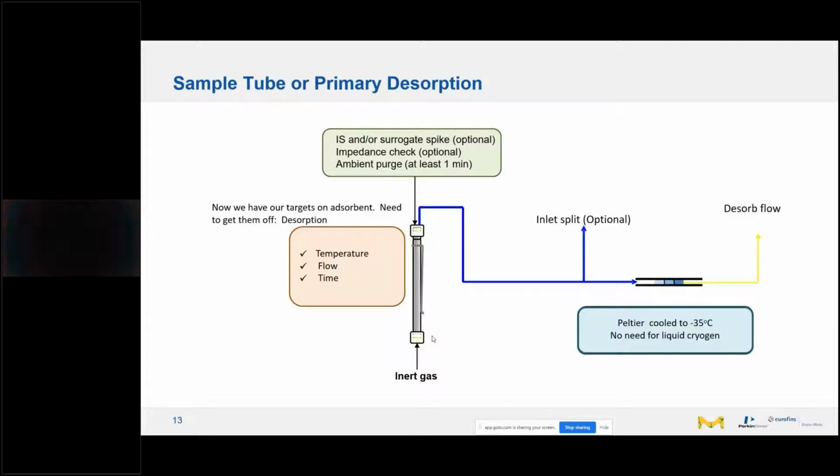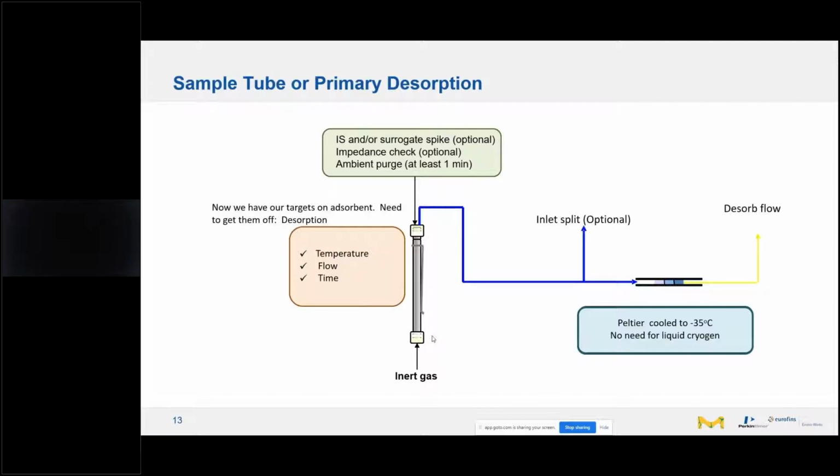The packing for the terpene tube is very hydrophobic, so the water is actually being removed during the sampling process, but the instrument will also do what we call an ambient purge or a dry purge. It also rids the tube of any residual oxygen.